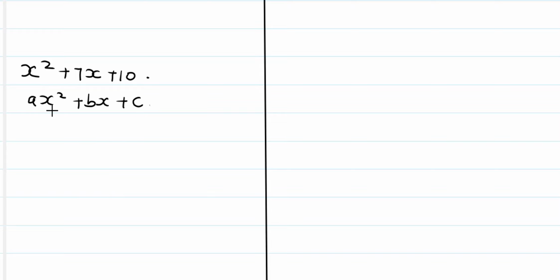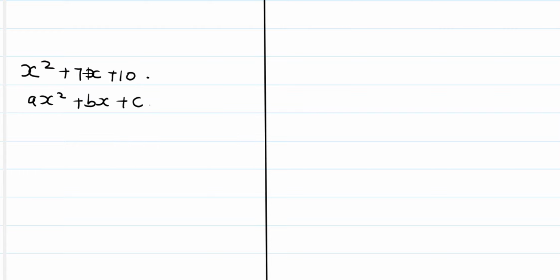So to understand better, can we use this expression here where we have a, which is the coefficient of x squared, but in our case we said it is 1, so it has no impact. Then b is the coefficient of this x here, which is not squared, and c represents this 10 here.